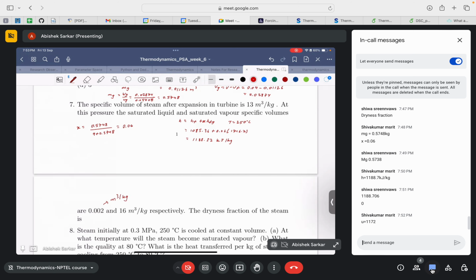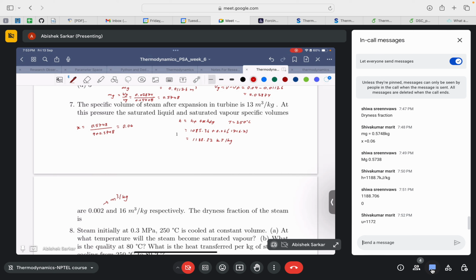So find the dryness fraction of the steam. Yes, yes. Thank you, Shiva Kumar. Thank you so much. Let us go to question number 7, just to save time, and let us take one more question.